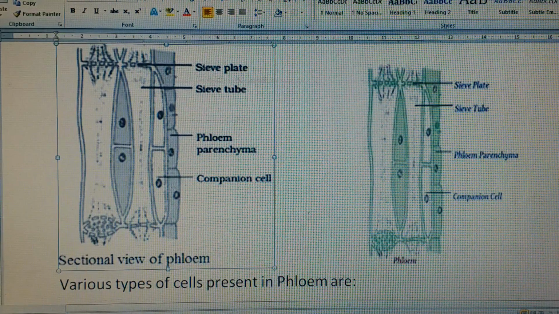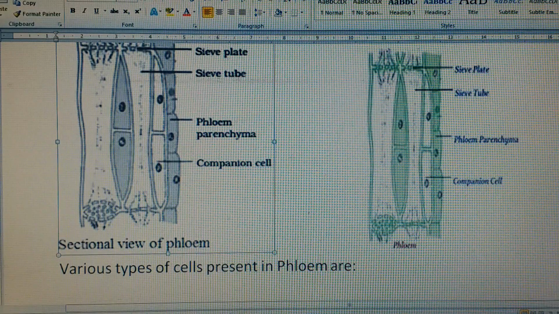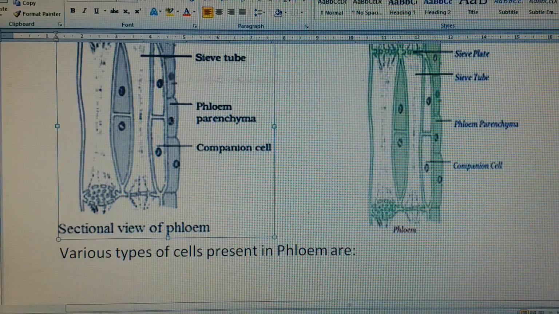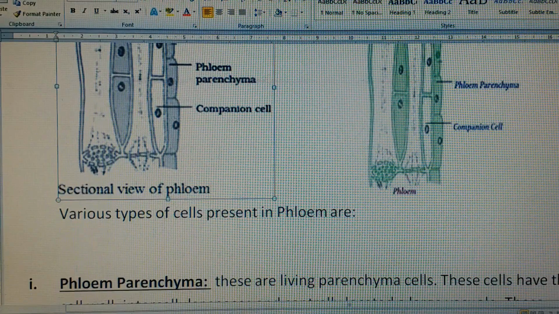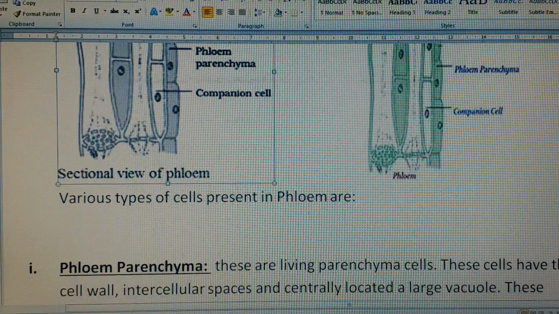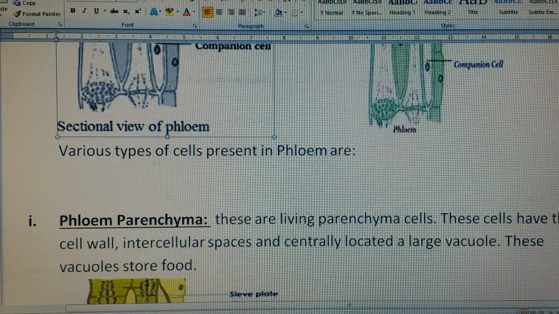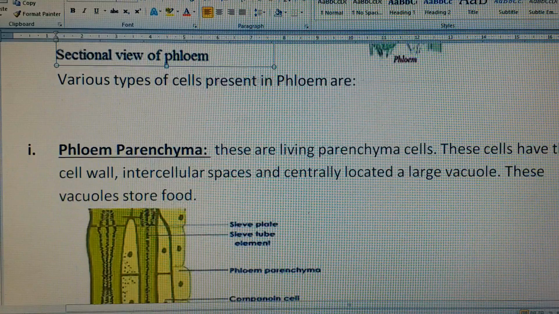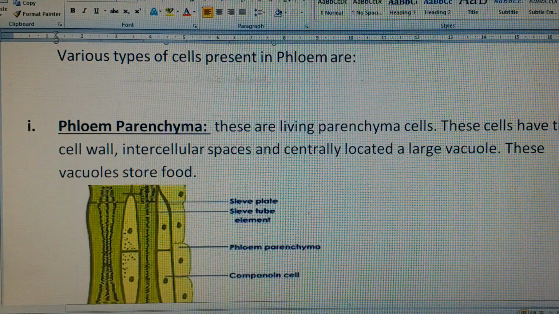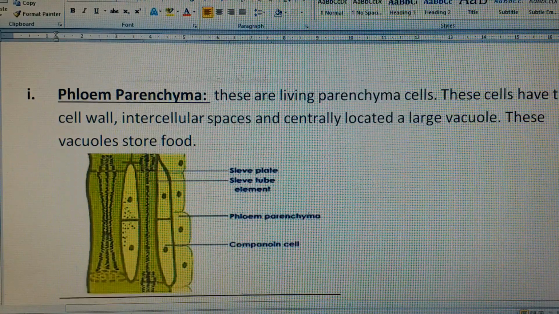Sieve cells, phloem parenchyma and companion cells, these three types are the living cells of the phloem, whereas phloem fibers are dead cells. Now we come to phloem parenchyma. As I told you, these are living cells.